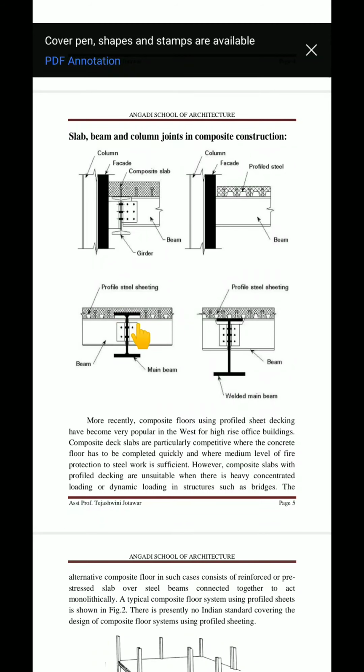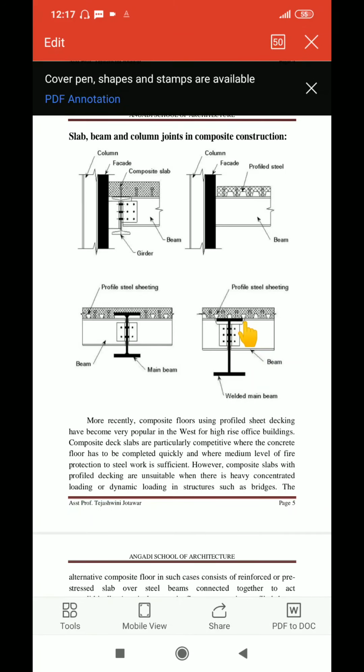So to encase this inside the concrete, we make sure that there will be a certain cover provided. Similarly on the other arrangement also, here you can see the levels of a girder and levels of a beam are maintained so that a perforated or a profile steel plate is on the same level.